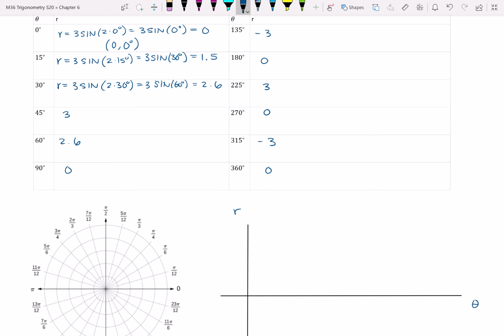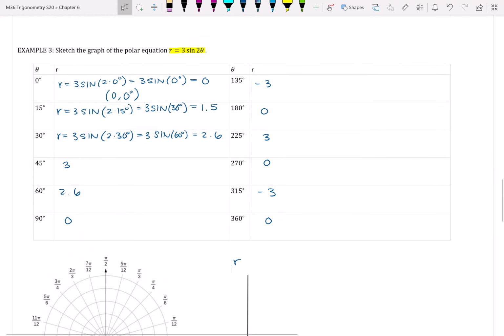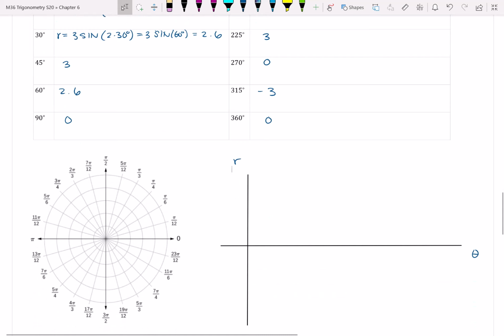This will help us see how the shape starts being created on the Cartesian plane. I'm going to plot all these points in this r-theta graph, and then draw it out in my Cartesian plane. I hope it's helpful for you guys too.